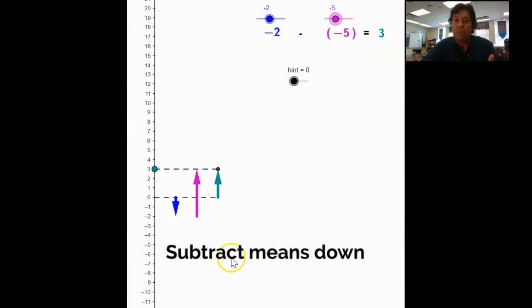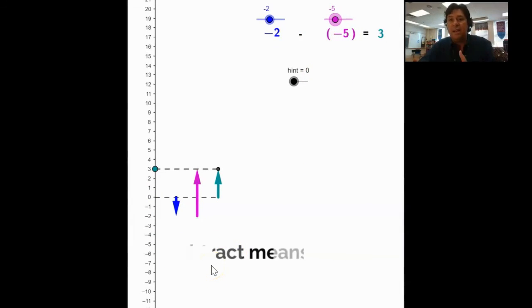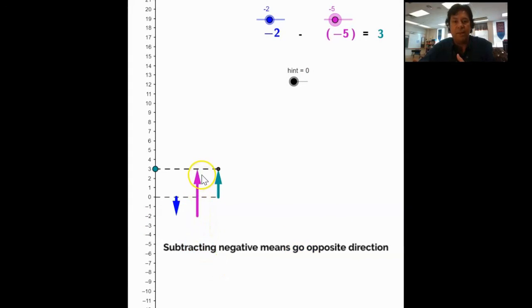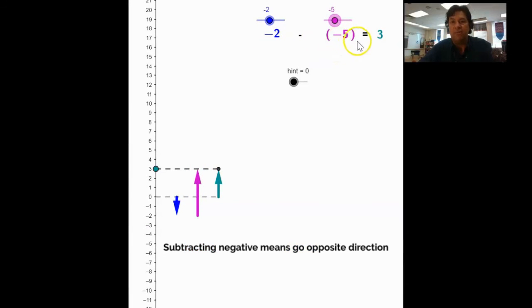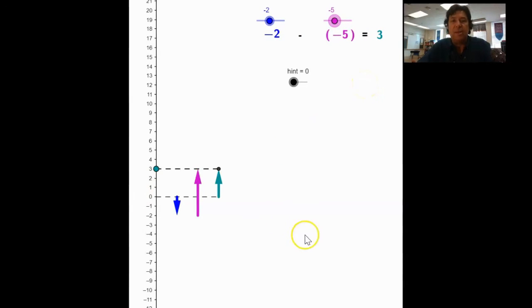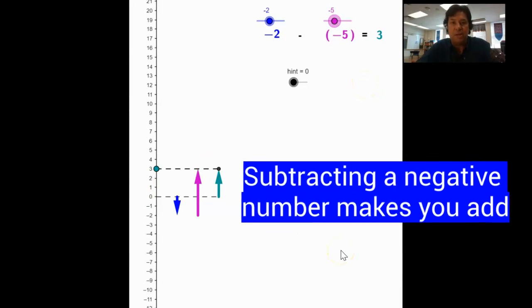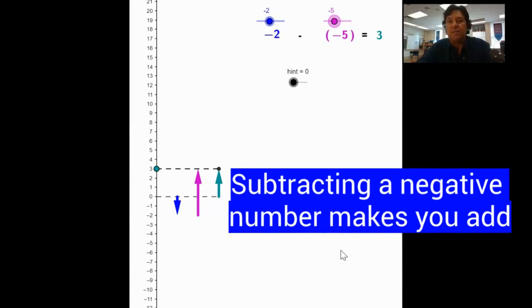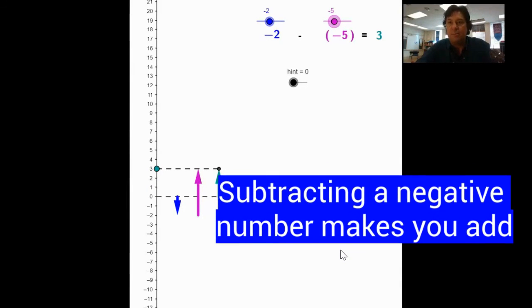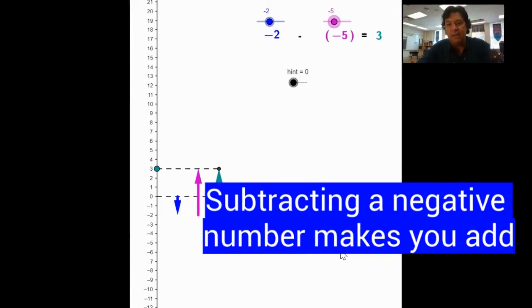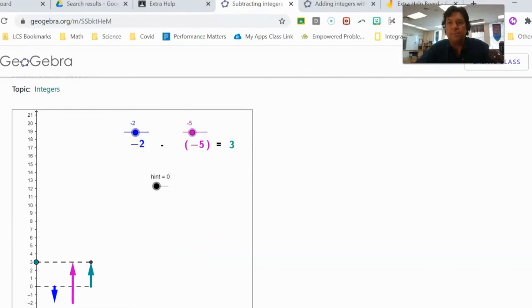So we want to go down the number line to subtract, except this number is a -5, and because it's negative, we have to go the opposite direction. It turns out that you end up at +3. So -2 minus a -5 equals 3. It is true that you can rewrite this equation as -2 plus 5 because it's the same effect. Subtracting a negative is, in fact, adding.